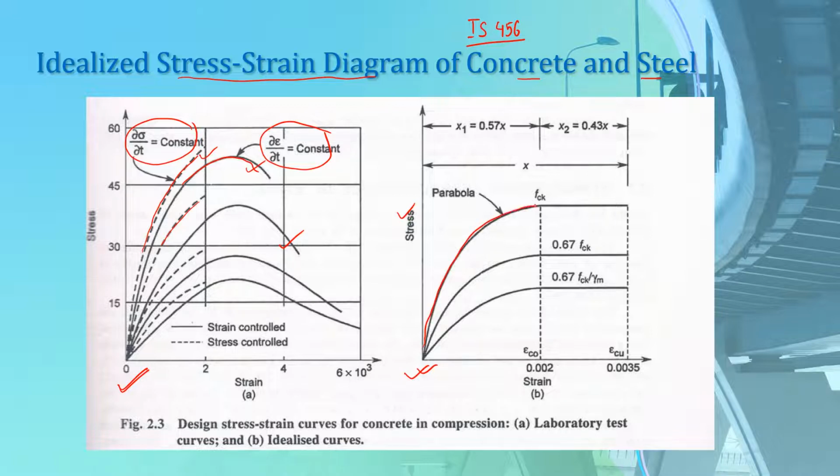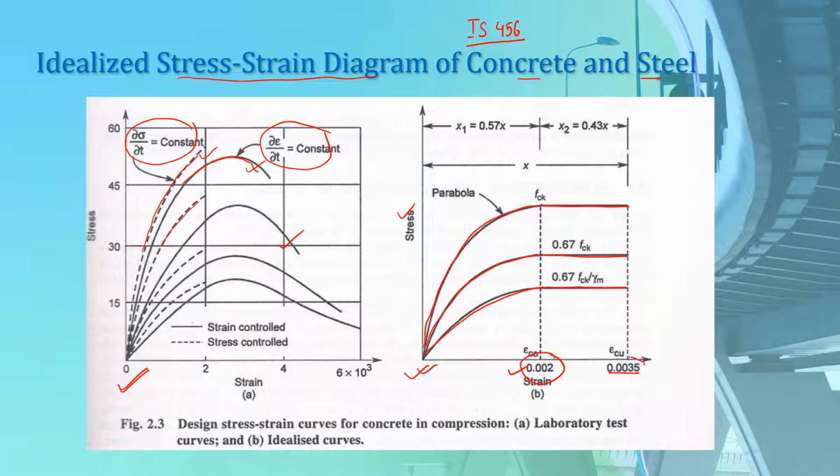You can see these three curves are parabolic up to a strain value of 0.002, while for the strain between 0.002 and 0.0035, the curve is considered a straight horizontal line.